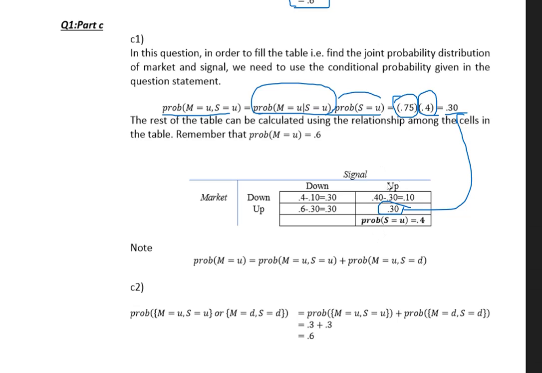To fill the rest of this table, we need to use this relationship, which is of course given in the problem statement. Note that the probability that the market is up is the probability that the market is up and the signal is up plus the probability that the market is up and the signal is down. Anyhow, in this table, the sum of these two will be this one.